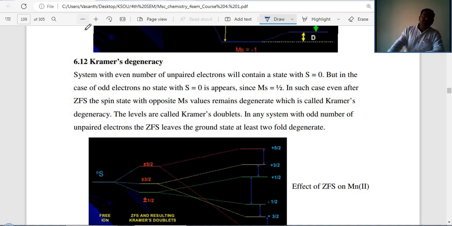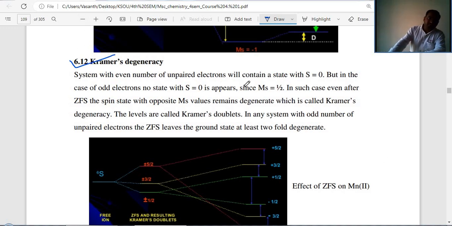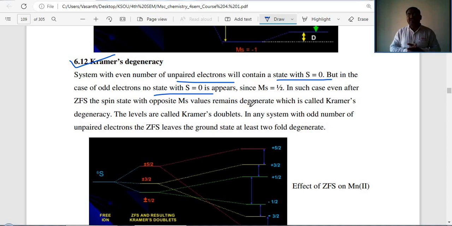Next, Kramers degeneracy. That is one of the very important topics. Systems with an even number of unpaired electrons can contain a state with S equal to 0. But in the case of odd electrons, no state with S equal to 0 appears, since Ms is equal to half.